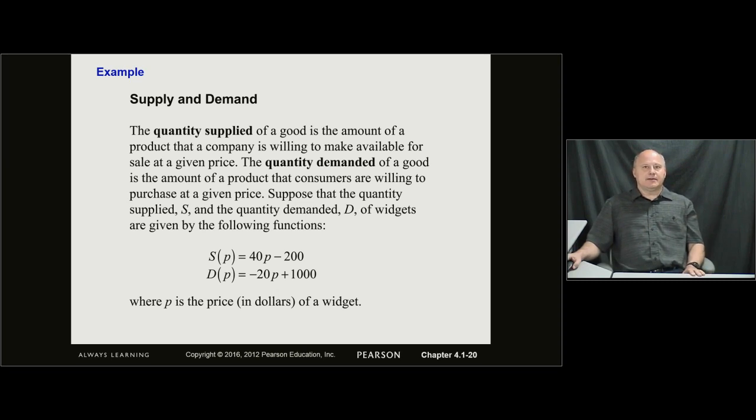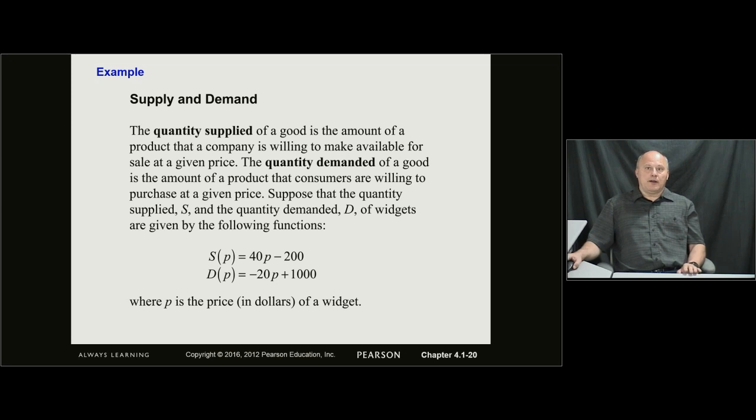But if you set the price at $10, the consumer demands negative 20 times 10 plus 1,000, which would be 800 items.